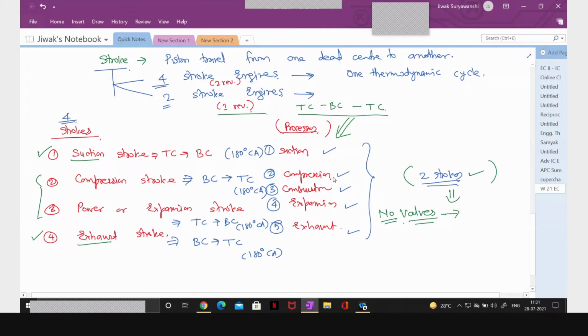So instead of that, we'll use ports. Ports are nothing but holes made in the cylinder itself. And these ports are covered and uncovered by the piston itself.